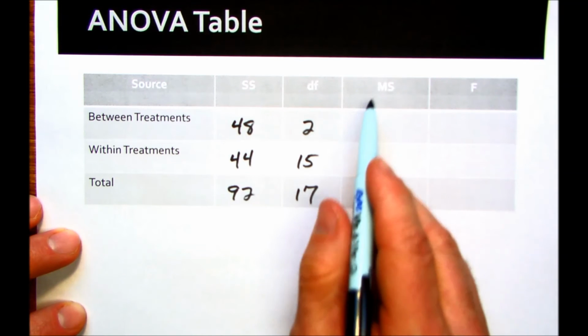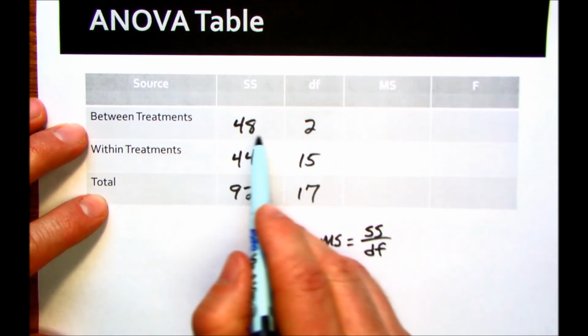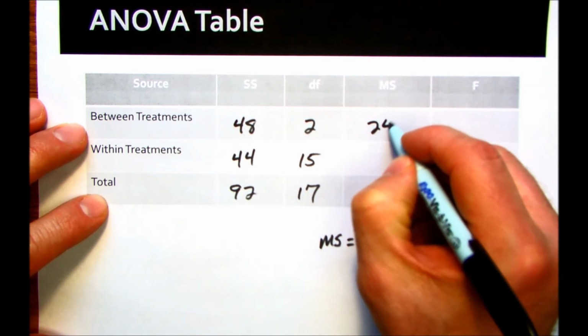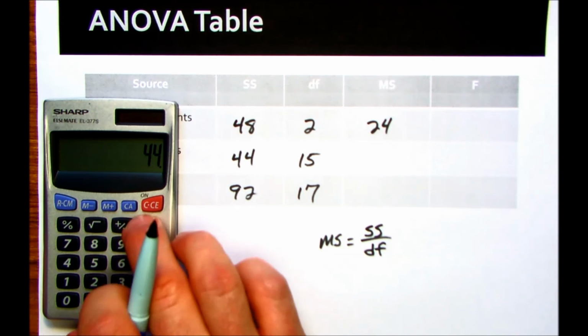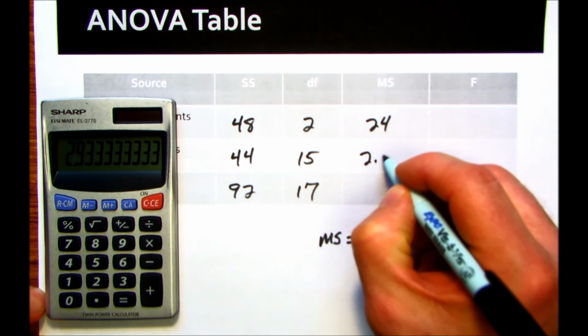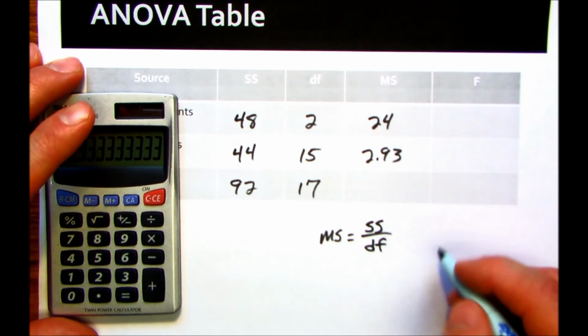And so now to get the mean square, I'm going across the row this way. 48 divided by 2 gives me 24. Here, 44 divided by 15 gives me 2.93. Alright? So I've got the mean squares for each.